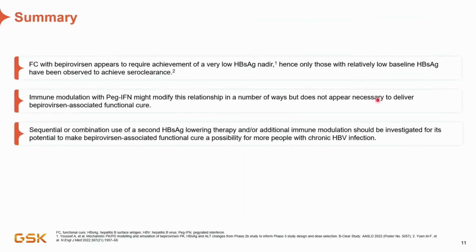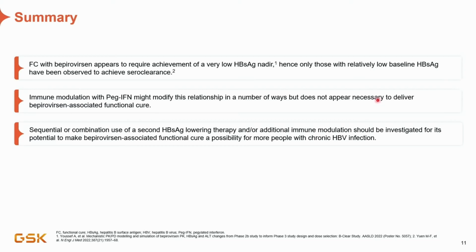So in summary, functional cure of hepatitis B with Bepirovirsen appears to require achievement of a very low hepatitis B surface antigen nadir. So only those with relatively low baseline surface antigen have so far been observed to achieve seroclearance.